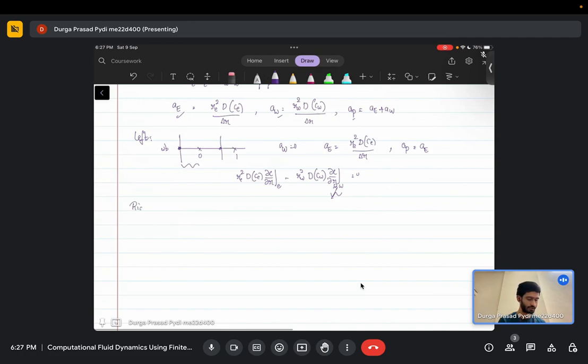However, on the right boundary, this is my n minus 1, this is my n minus 2.